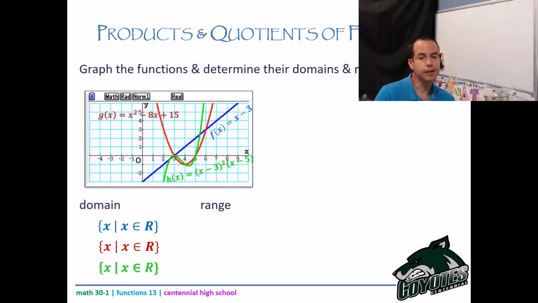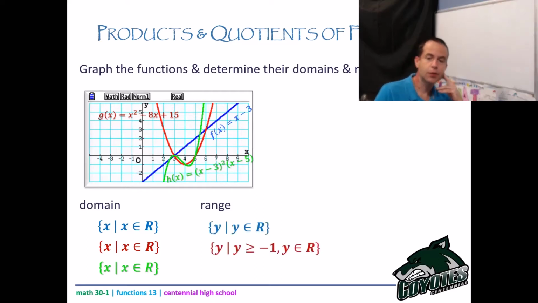You could deduce that the vertex is halfway between 3 and 5, so you know the x value is 4 and plug 4 in, but it's just as easy to get it from your graphing calculator. So y is a member of the reals for f of x, and then for g of x, y is greater than or equal to -1, and for h of x, y is a member of the reals, okay?